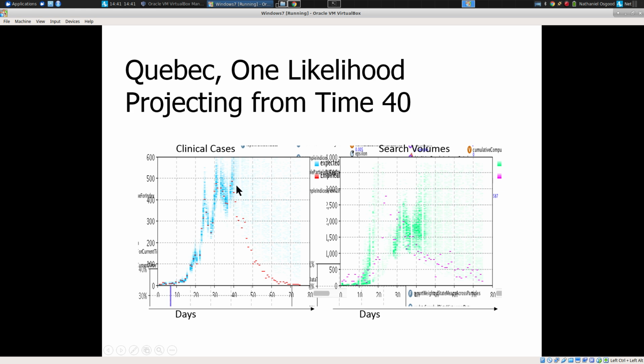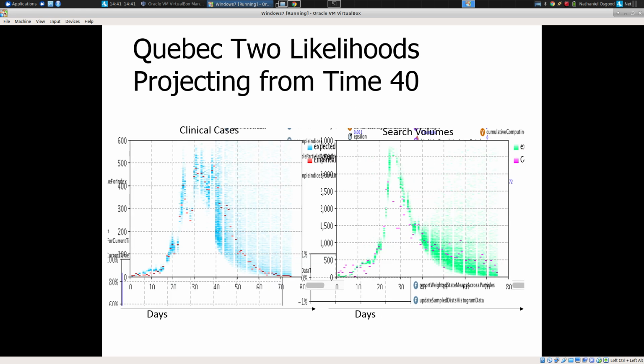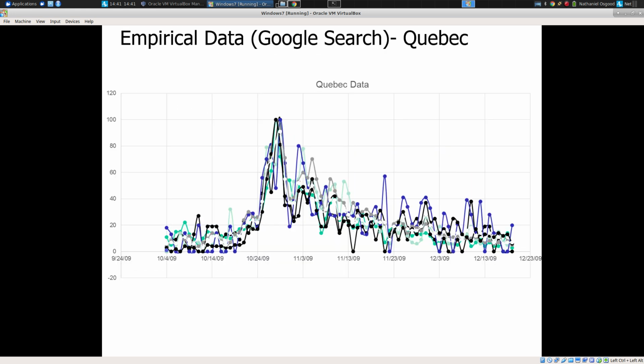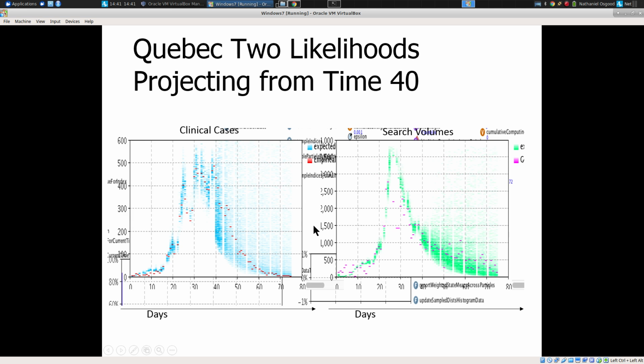But interestingly, if we brought in the search data to accompany this clinical data, this was actually the search data. We had clinical data separately. If we brought both together, it made the model much more confident about what was likely to happen.